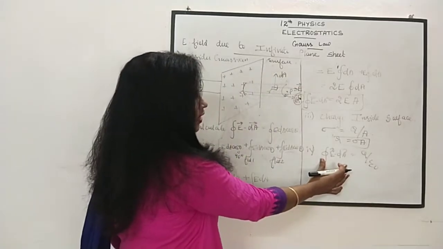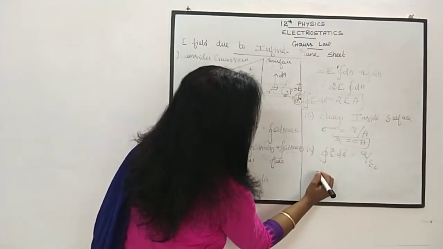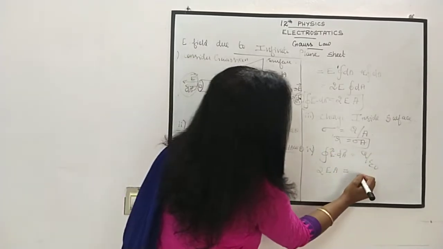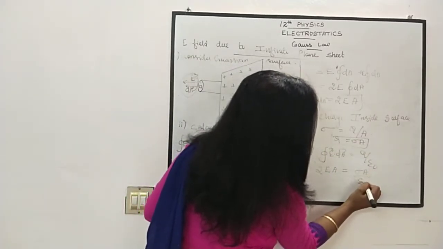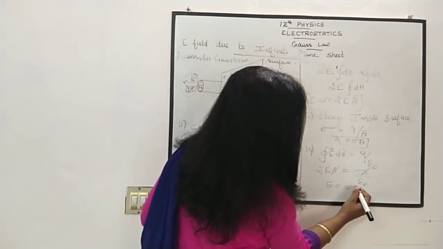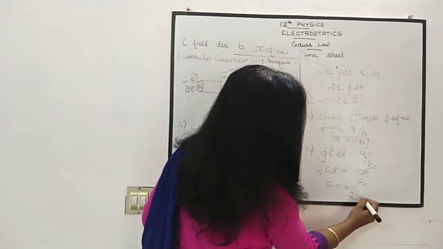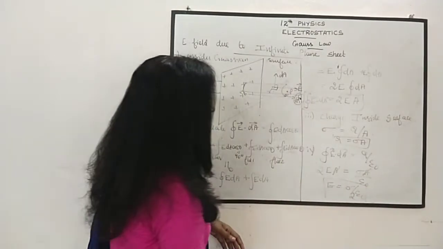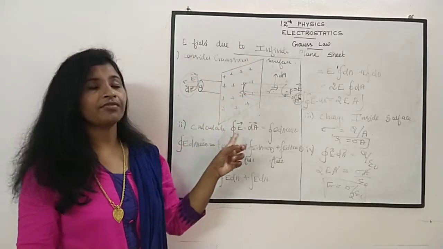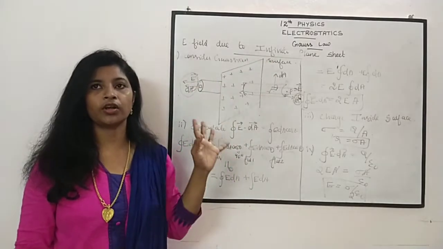This value is 2EA, and Q is sigma A by epsilon naught. A and A get cancelled, so E is equal to sigma by 2 epsilon naught. This is the electric field produced at this point due to this infinitely large sheet.